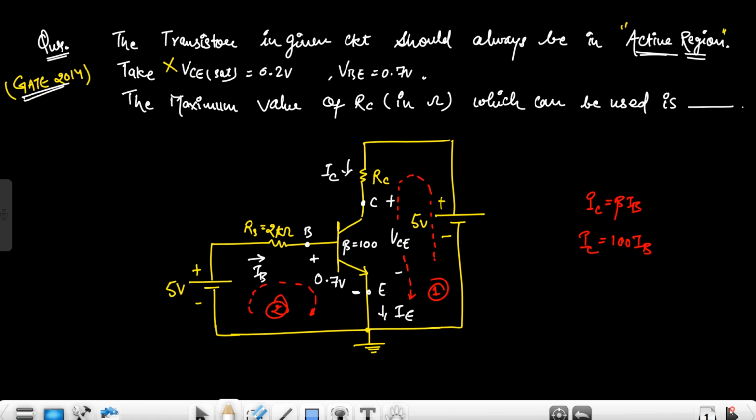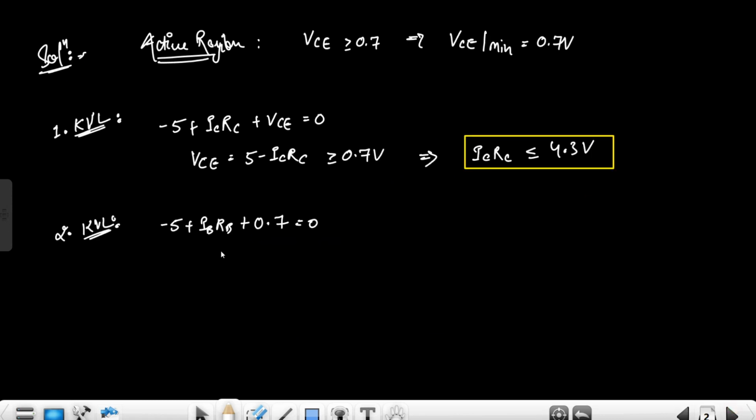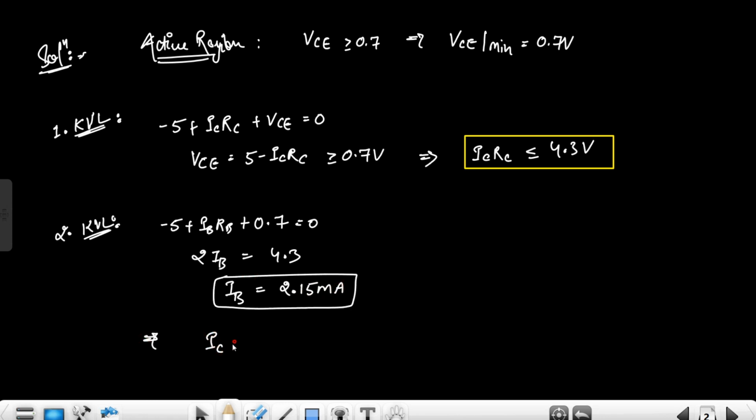So this is minus 4.7, with 2 kilo, so 2 IB equals 4.3. So IB is equal to 4.3 divided by 2, that is 2.15, in milliampere. Now from this, IC, that is 100 IB, is equal to 215 milliampere, right?